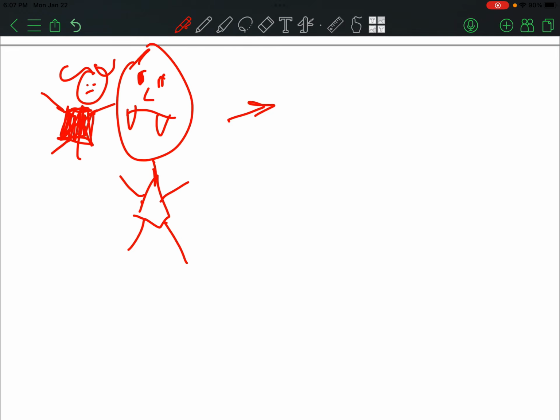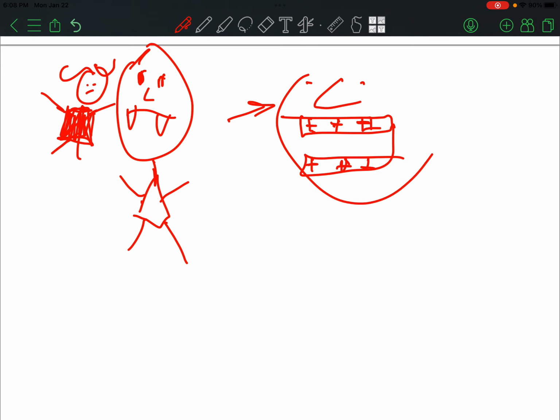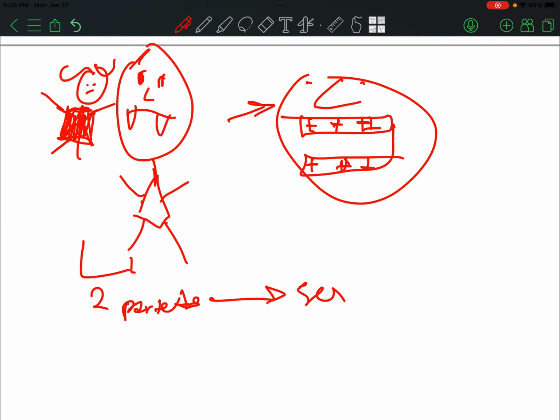They're two different and they make a child. That's sexual reproduction, two parents. That's basically you. If you have two parents, you did sexual reproduction.